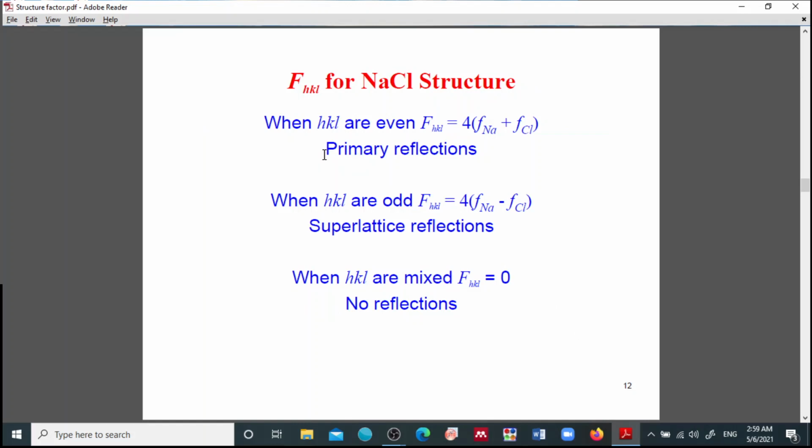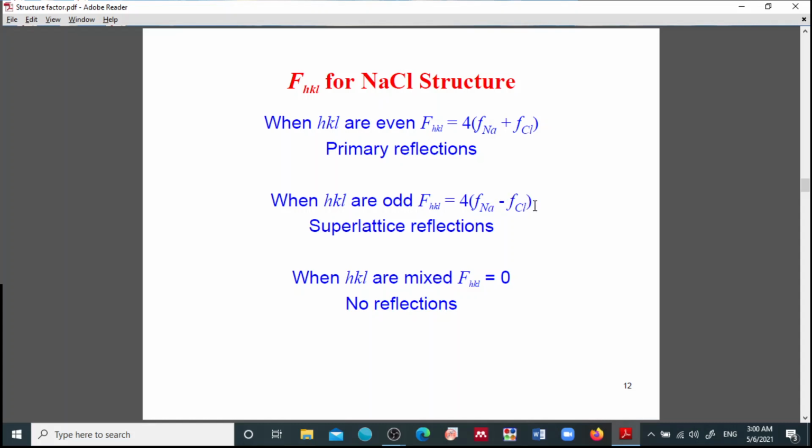So when h, k and l are even, then F(hkl) is equal to 4 times f of Na plus f of Cl. So we have some primary reflections, and these reflections are allowed. It means that all crystallographic planes in which h, k and l are even do diffract. And when h, k and l are odd, then we will get 4 times f of Na minus f of Cl, and then we will get some superlattice reflections.